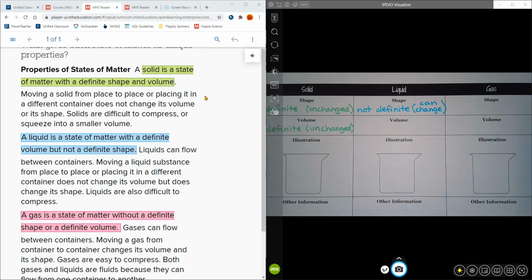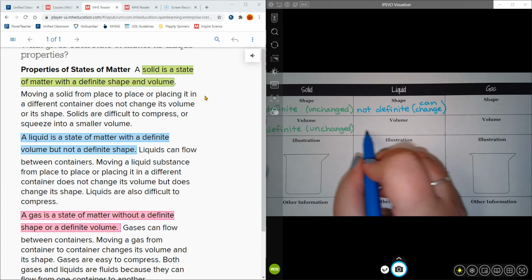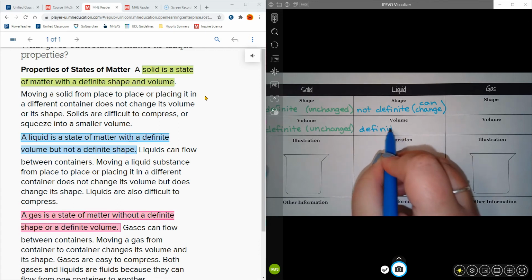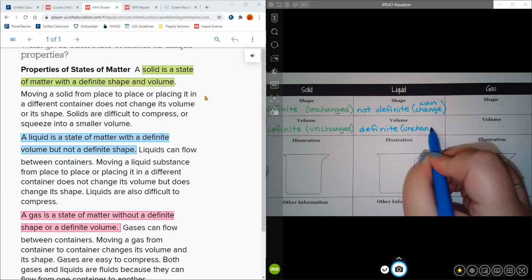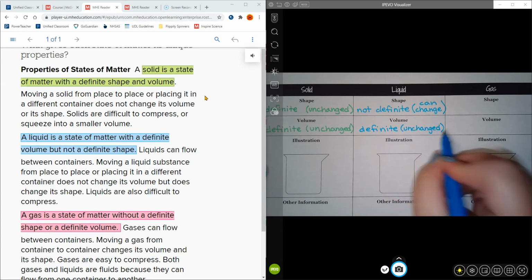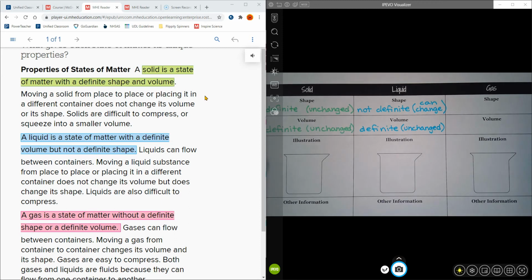So I can take water from a round container and put it in a square container and the shape will change. However, the volume is definite. If I have 100 milliliters of water, no matter what container I put it in, I will still have 100 milliliters.